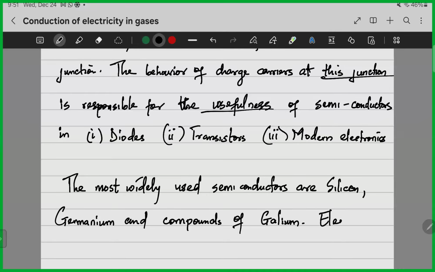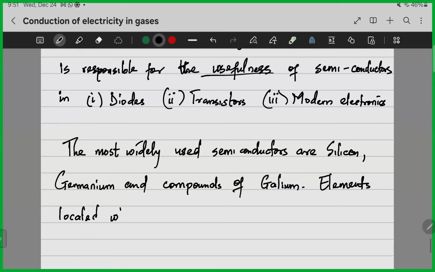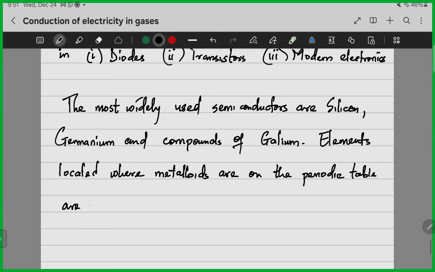If you check a periodic table, elements in the metalloid section, where metalloids are, are usually used as semiconductors.